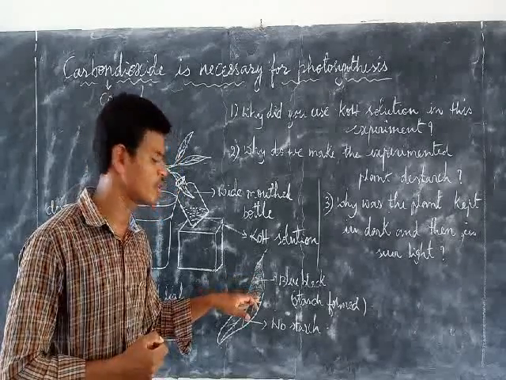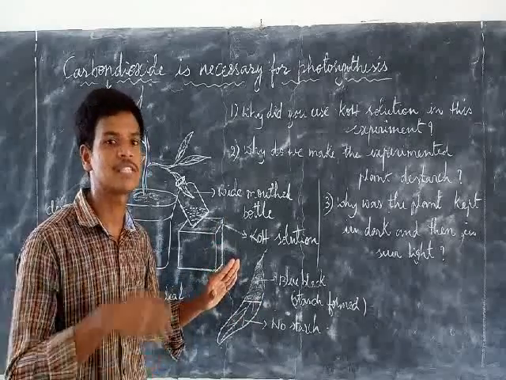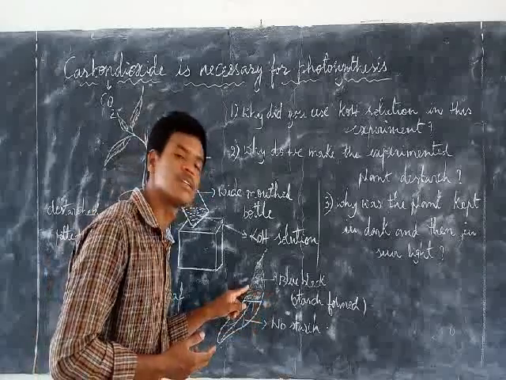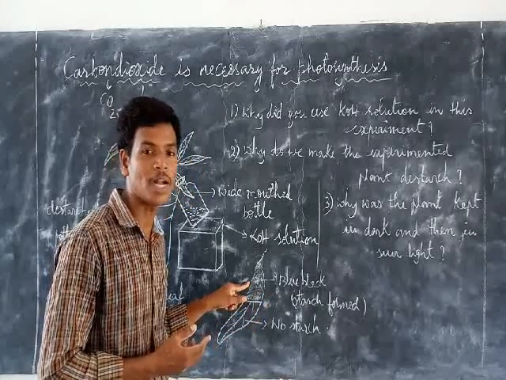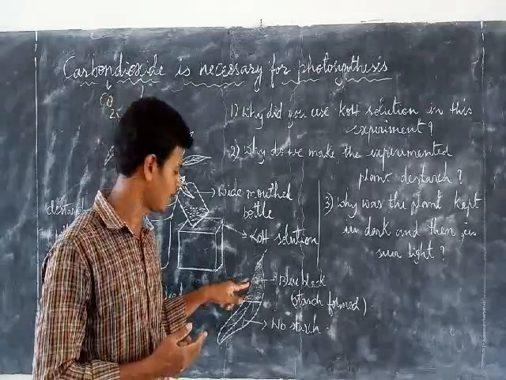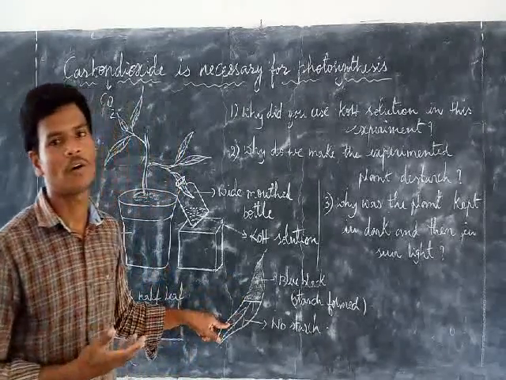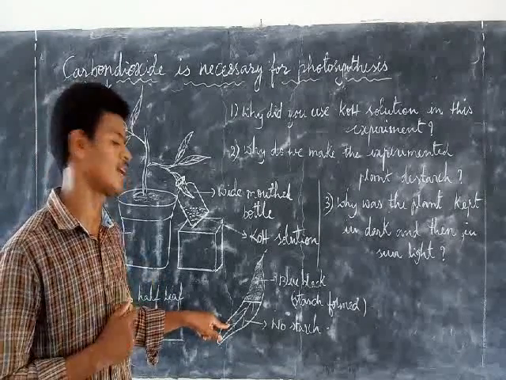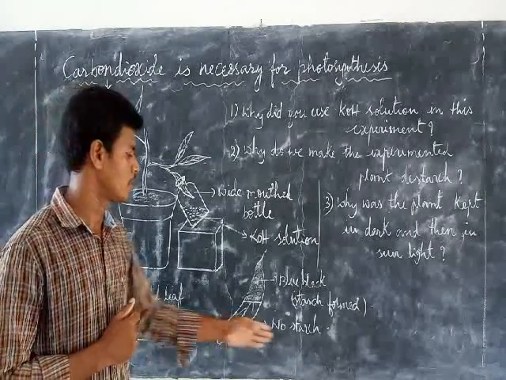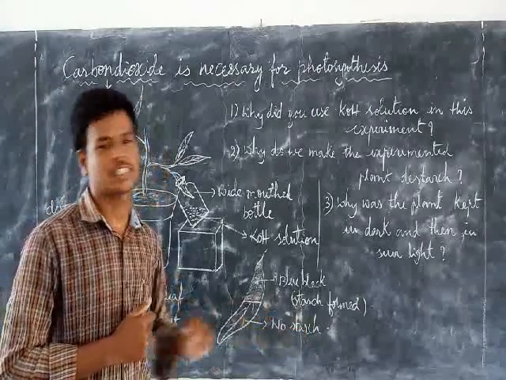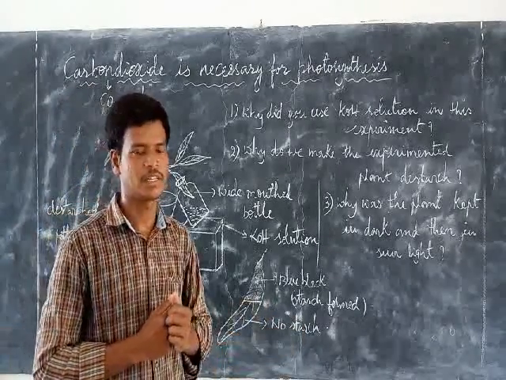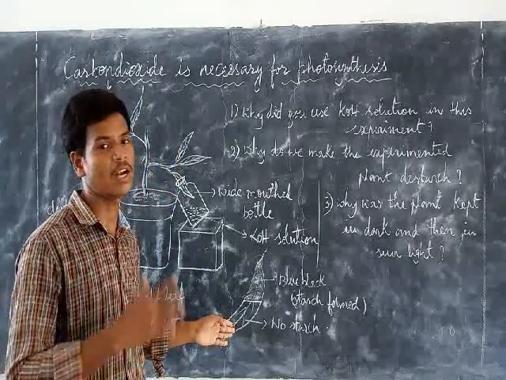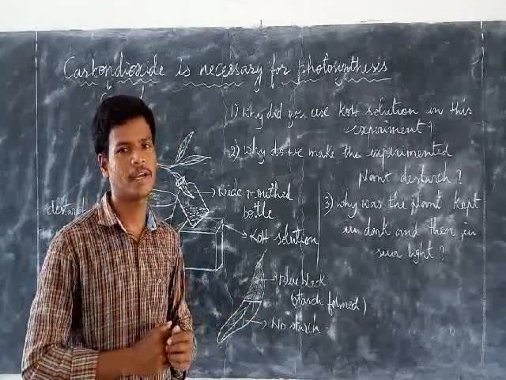So the portion above the transparent part changes into blue-black color by forming starch through the process called photosynthesis. The remaining portion has no color change, because there is no formation of starch. That's why the remaining portion cannot change into blue-black color.